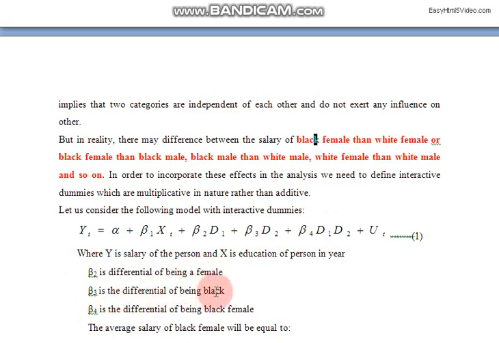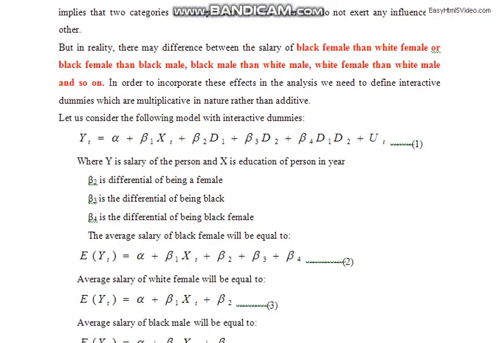Beta 3 shows that the person is black. Beta 4 is the differential of being black female. When D1 is 1 and D2 is 1, the person is female and black. So this is the possibility of black female.